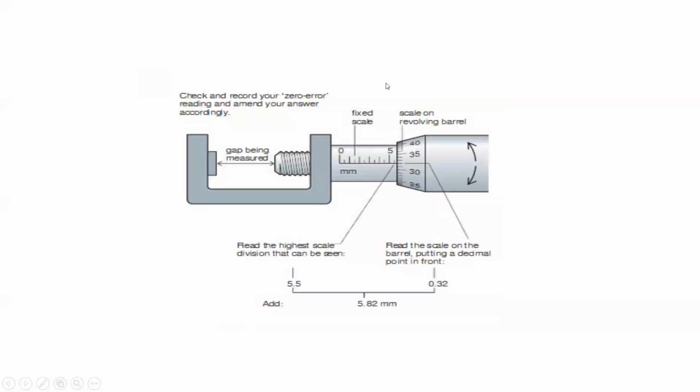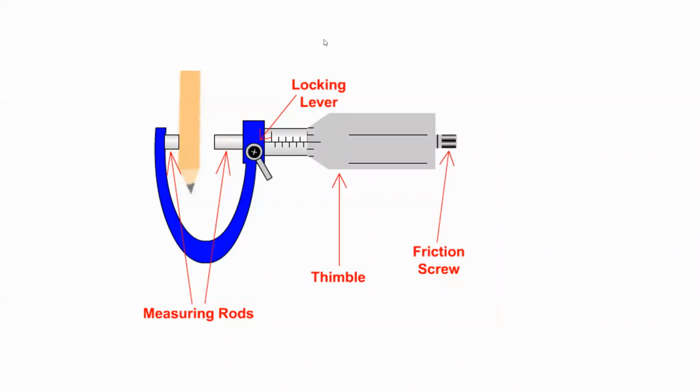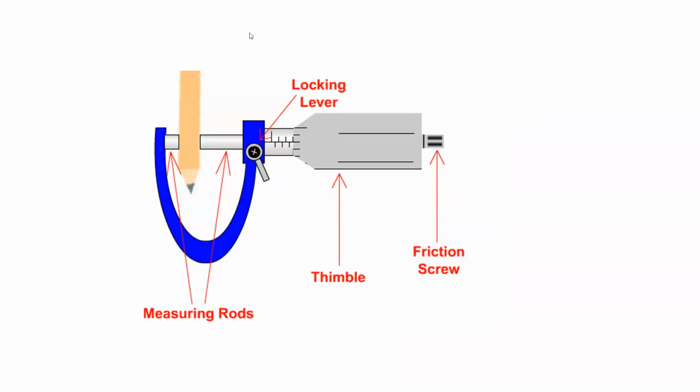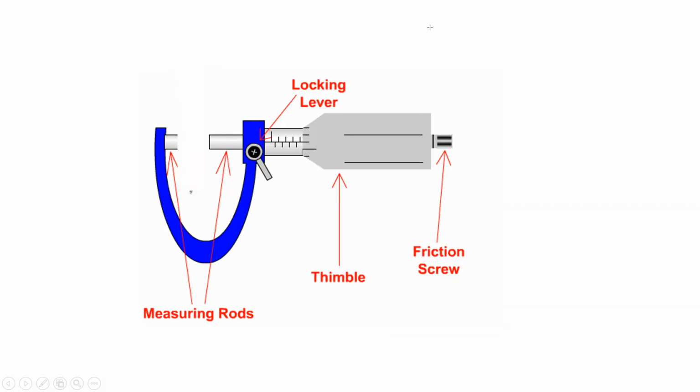But for example, if instead of a pencil I am placing another object, say a cardboard or a paper bundle, so this will be the object.